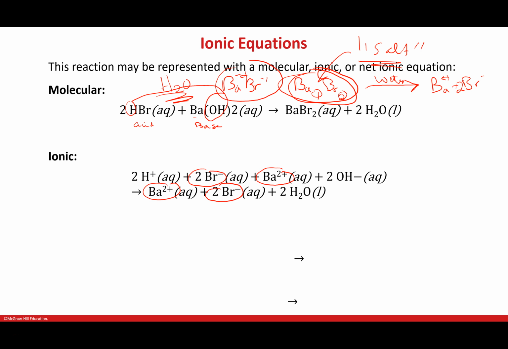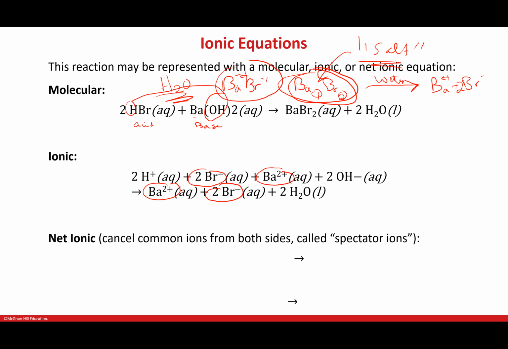Now, if I had an unequal amount, I could still at least combine terms and subtract them from both sides. So from the ionic, we can come up with what we call the net ionic. Cancel out things that are common on both sides.